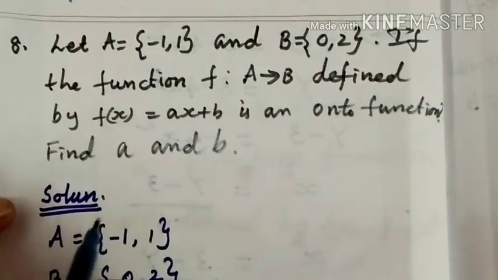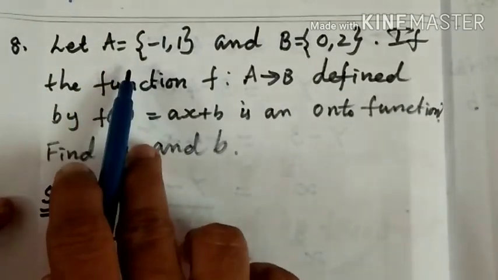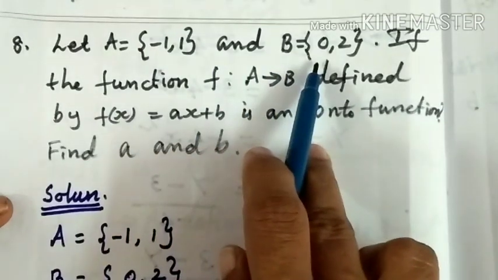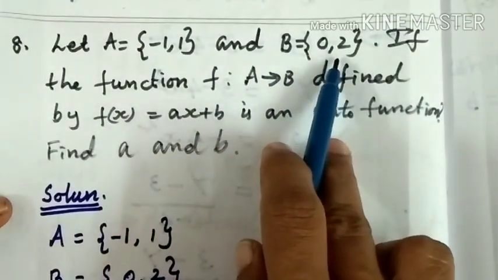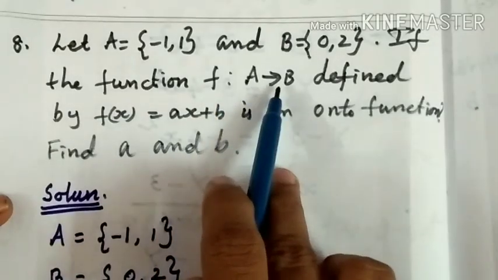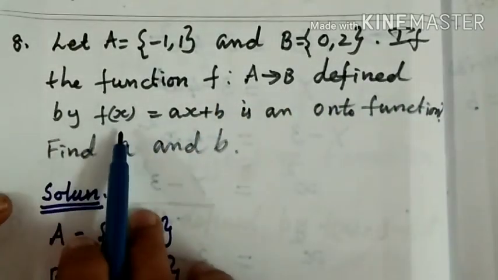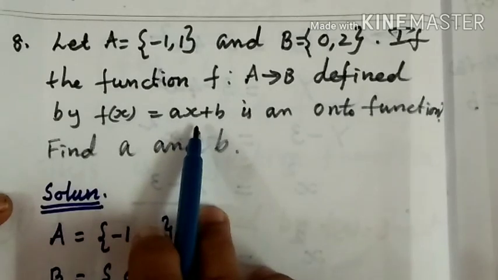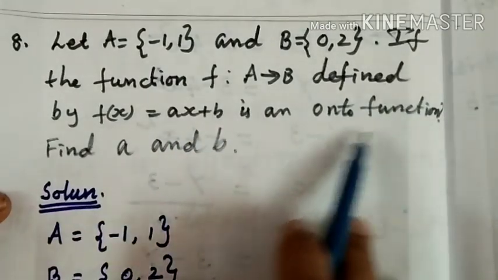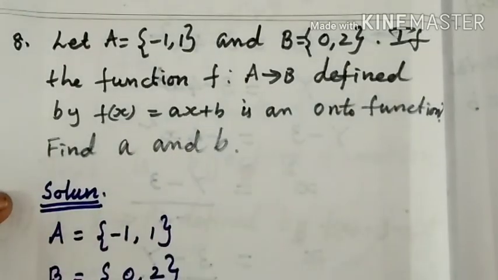Now see the 8th question. Let set A equal to minus 1 comma 1 and set B equal to 0 comma 2. If the function f from A to B defined by f of x equal to ax plus b is an onto function, find a and b.